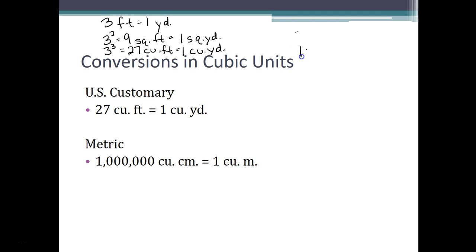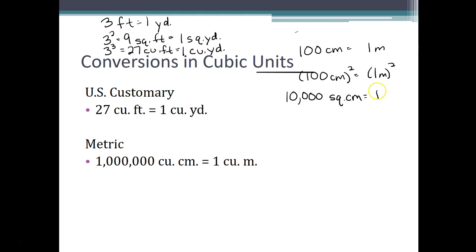Remember, 100 centimeters equals 1 meter. You square that, you get 10,000 square centimeters equals 1 square meter.